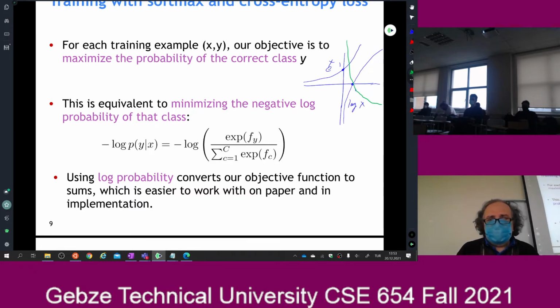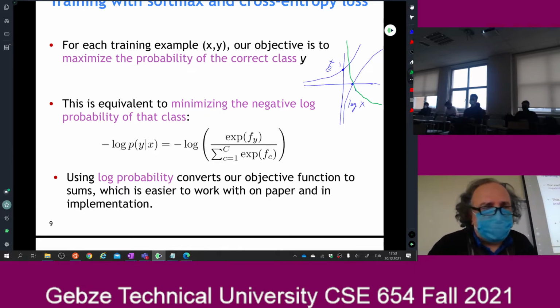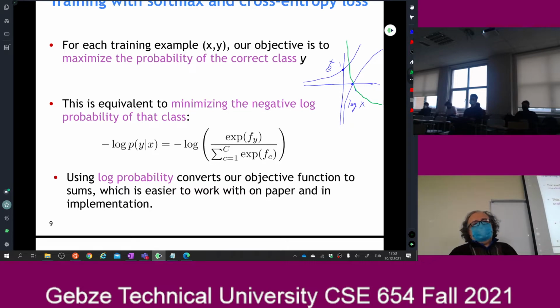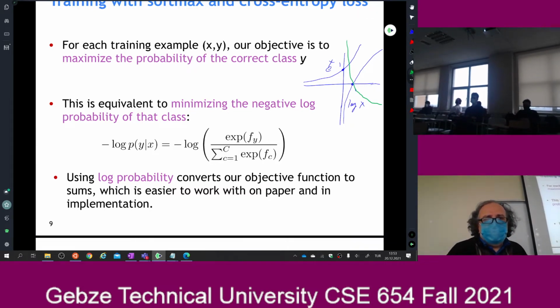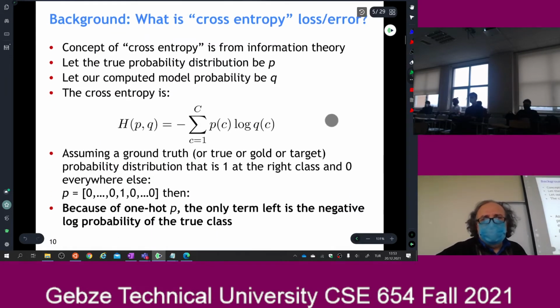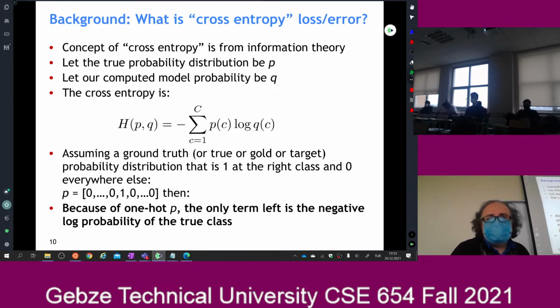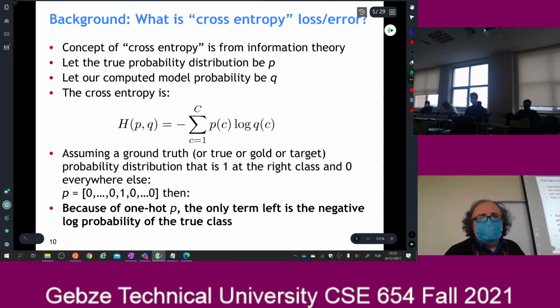Multiplying small numbers makes them very, very small, and there are underflow problems and so on. Log probability converts our objective function to sums, which is easy to work with, especially in implementation on computers. But the reason why we are using cross entropy is not that, but it certainly helps. Let's look at this one.